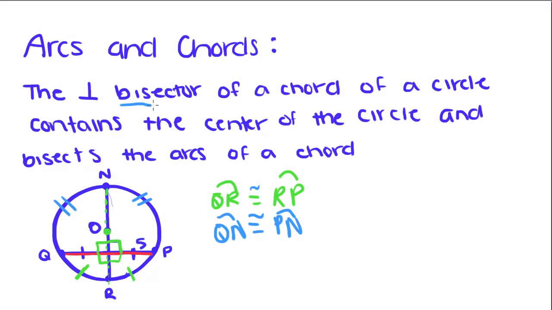And since it's a bisector, it bisects this chord QP into 2 equal parts. So we're going to call this point right here R. So that QR is congruent to RP, which makes sense because if these two chords are congruent, then these two segments must be congruent.